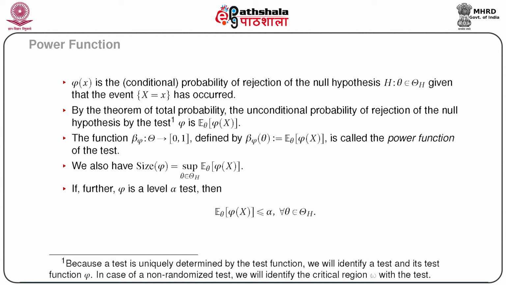Phi is a level alpha test if the expectation under theta of phi(X) is less than or equal to alpha for all theta belonging to script Theta_H. And if it is a size alpha test, then the supremum over theta belonging to script Theta_H of the expectation of phi(X) under theta is equal to alpha.